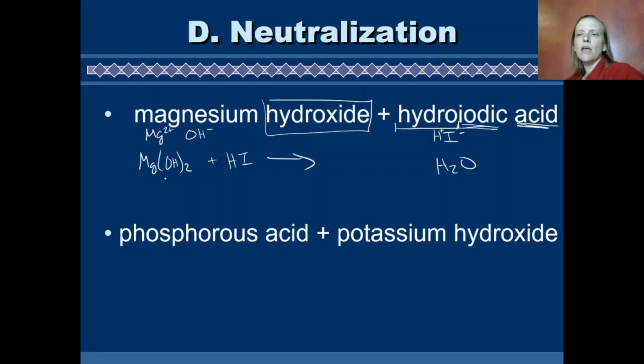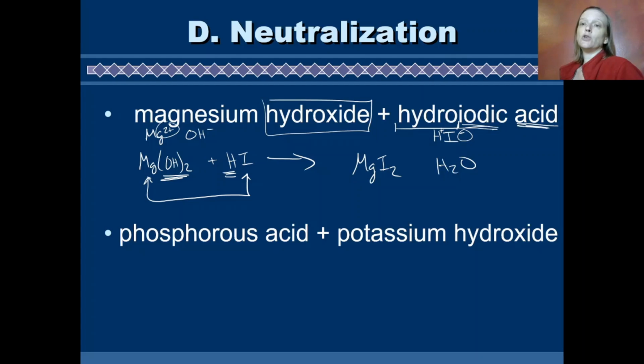So let's see, the H2O took care of the hydroxides and the hydrogens, so it must be the magnesiums and the iodines that pair up together. Magnesium has a charge of +2, but iodine has a charge of -1, so the correct formula for magnesium iodide is MgI2.